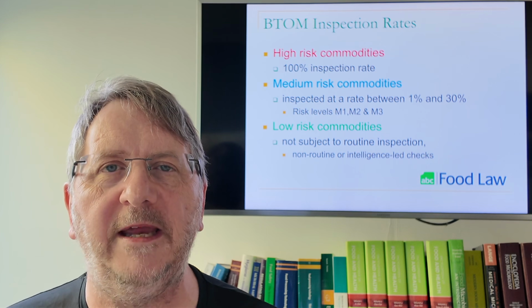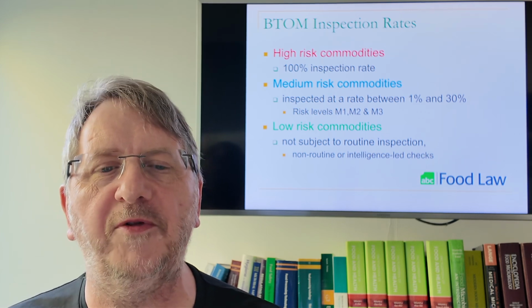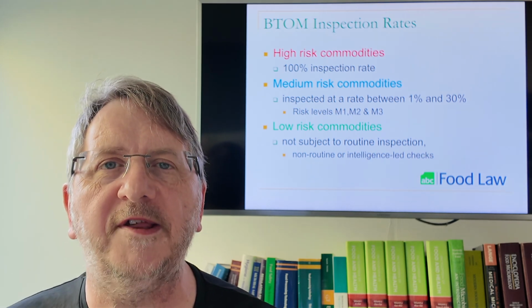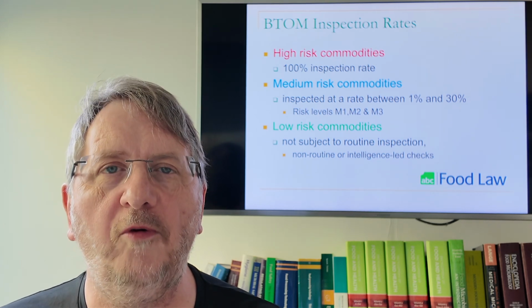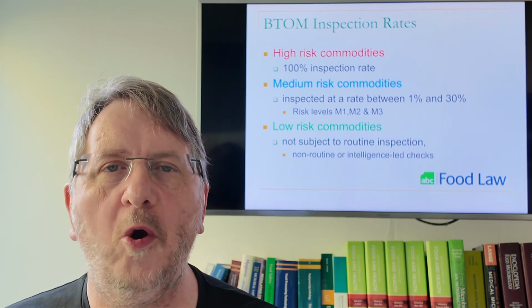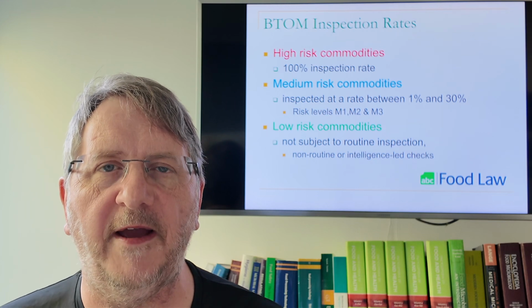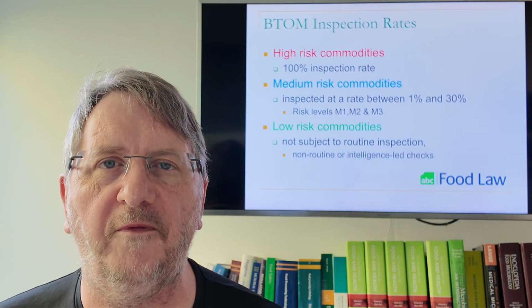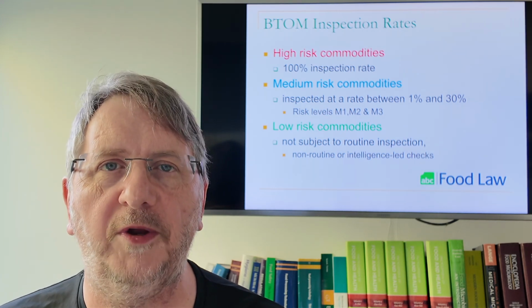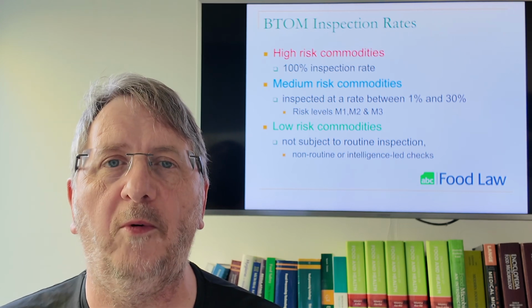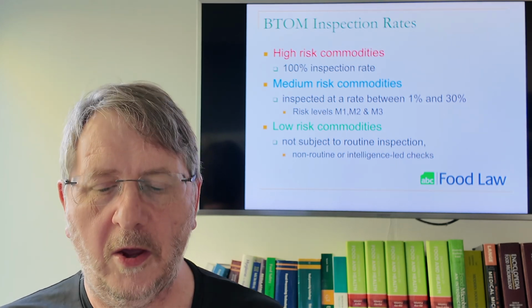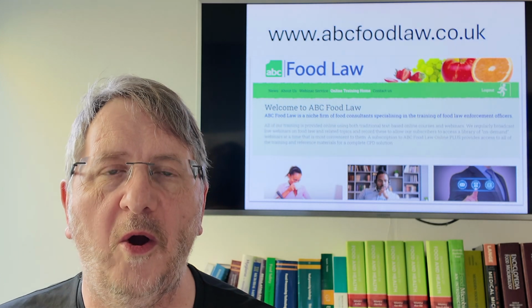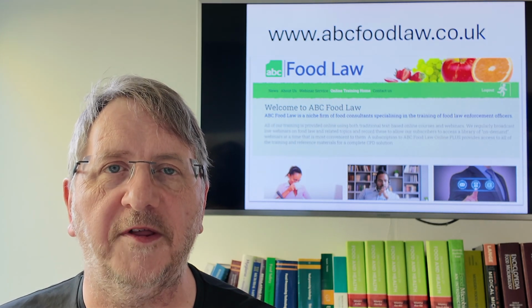Within medium risk, there are several categories, M1, M2, M3, which food is subdivided into. Low risk commodities will not be subject to routine surveillance at the ports. They don't have to go through the full checks, but they might be pulled depending on intelligence that the port might receive. So that's just an overview of imported food procedures.